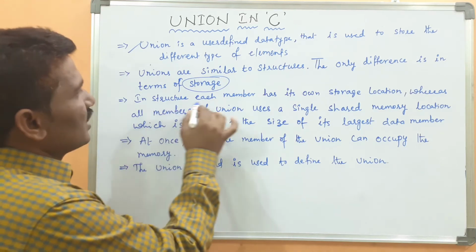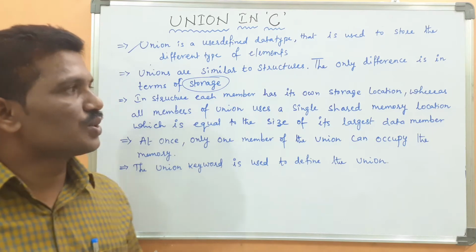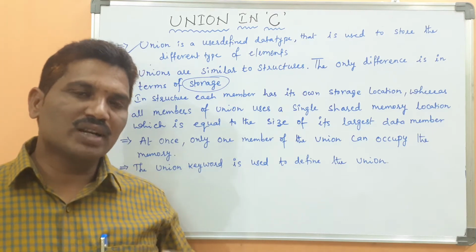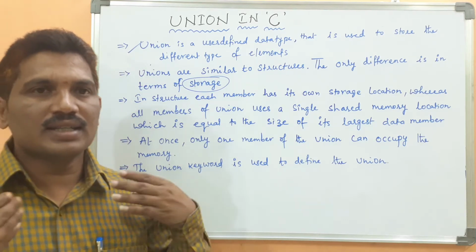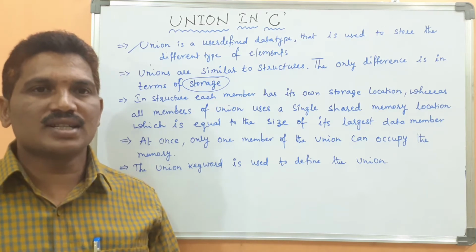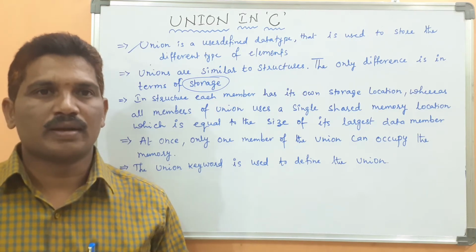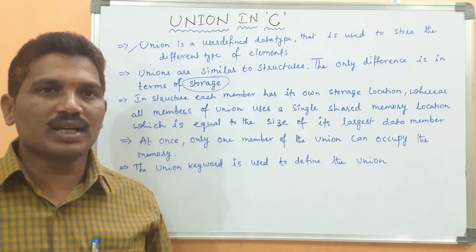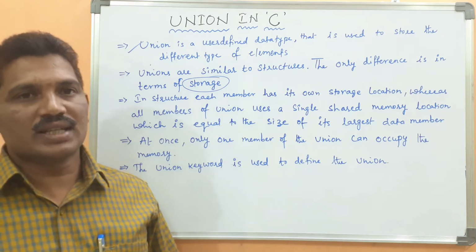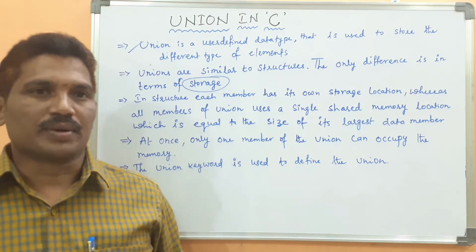In a structure, each member has its own storage location. Whenever you use a structure, every structure member has its own address space. Separate memory is allocated to each and every structure member.